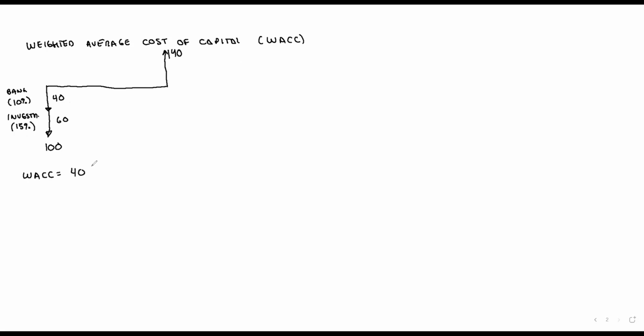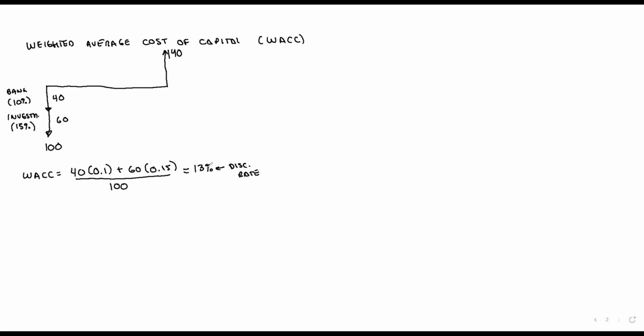So it's going to be 40 times 0.1 plus 60 times 0.15, divided by the total amount of money I'm receiving. If you do this, we obtain 13%. Got it? So this is now your discount rate.